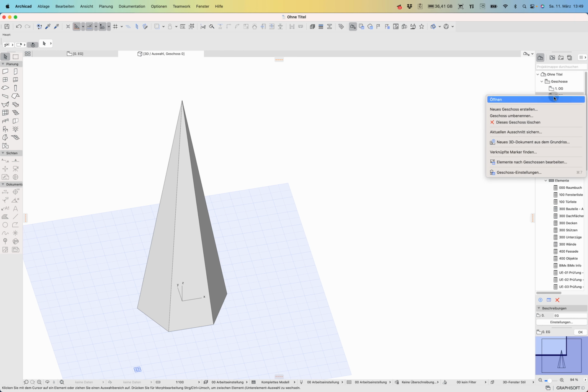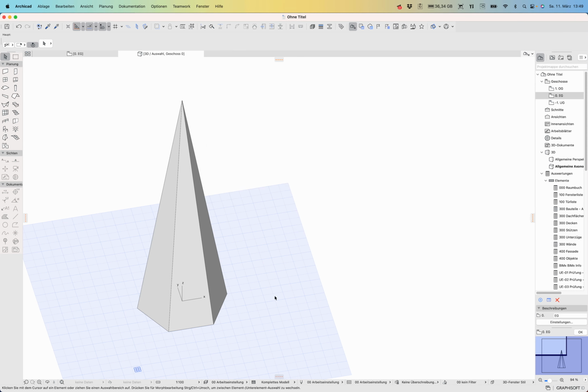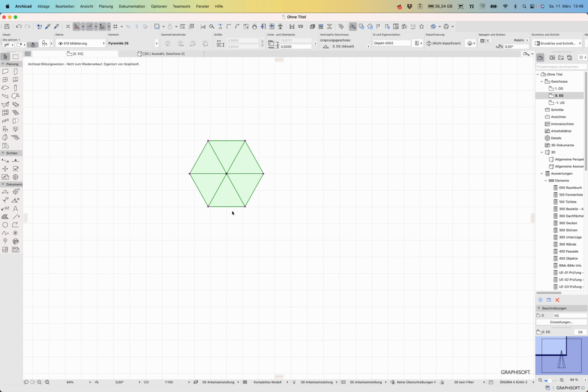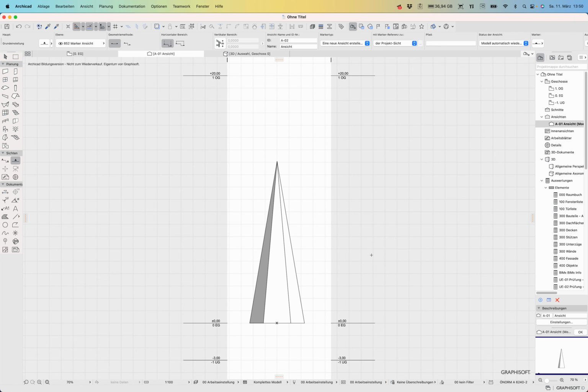Right click, level, I give it high enough, 20 meters. So if I have a look at this with a section view or a side view, you get something like this, obviously.